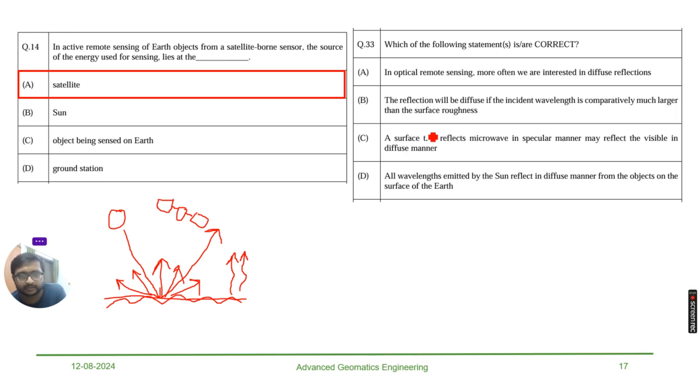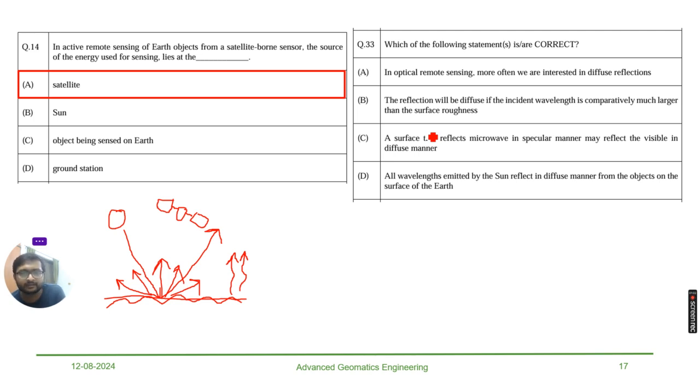In remote sensing, what is necessary? If you take optical remote sensing, thermal remote sensing, what is the core principle? It is reflection. So yes, we are interested in diffused reflection, which is coming back to the satellite. So option A is correct.